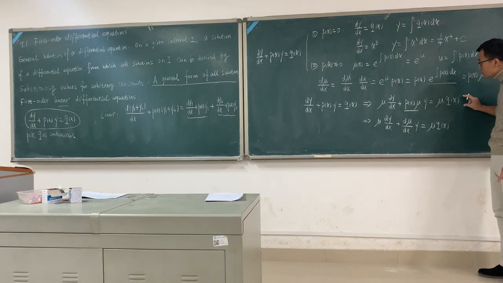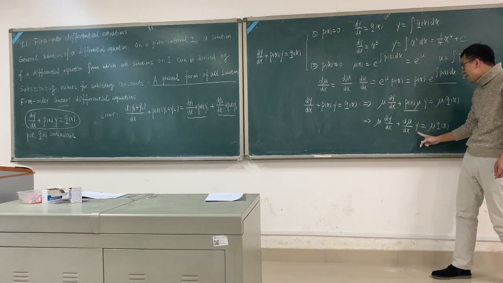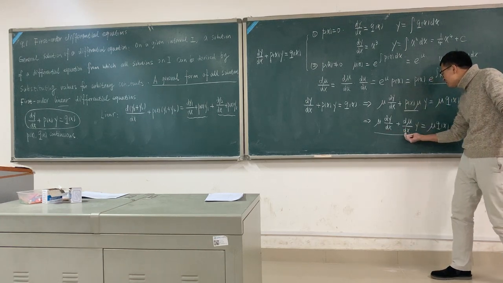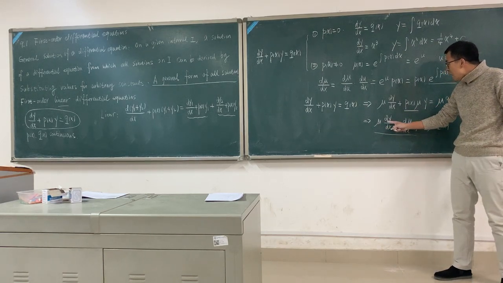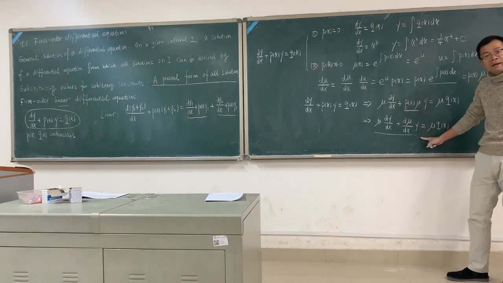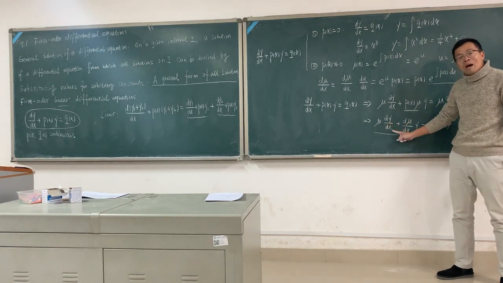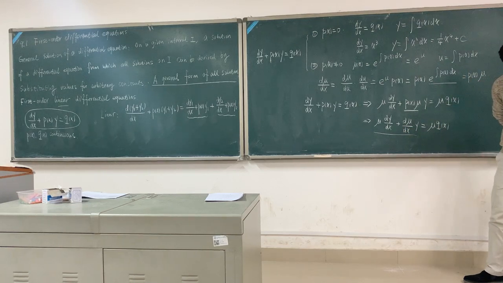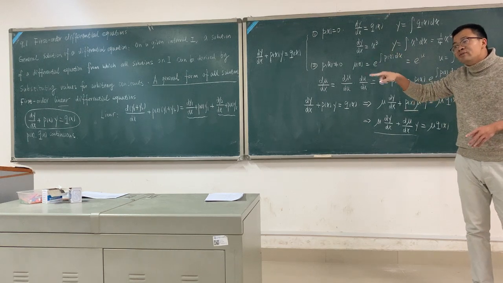So we rewrite this equation as mu dy dx plus d mu dx times 1 equal to mu q(x). Now the left hand side is mu times y prime plus mu prime times 1. We know the product rule: the derivative of f times g equals f prime times g plus f times g prime.